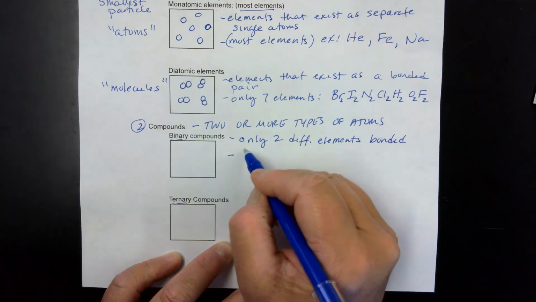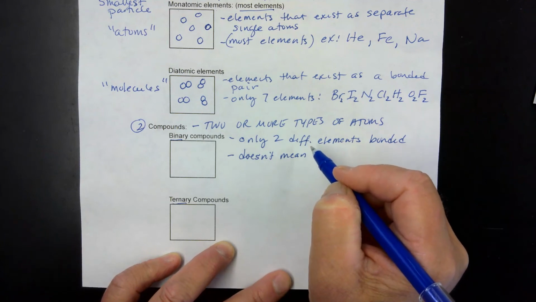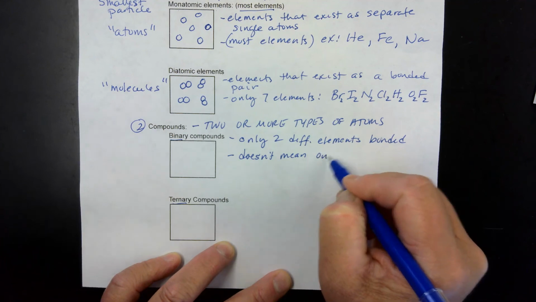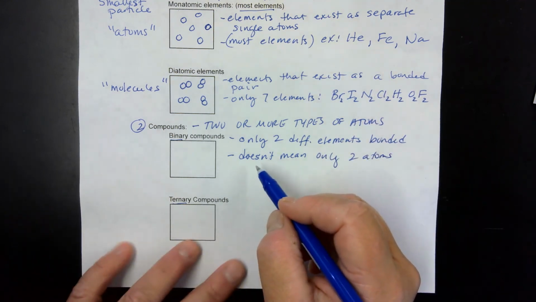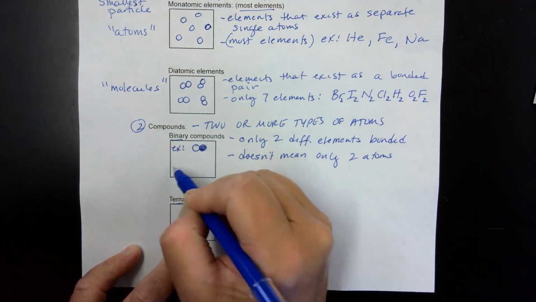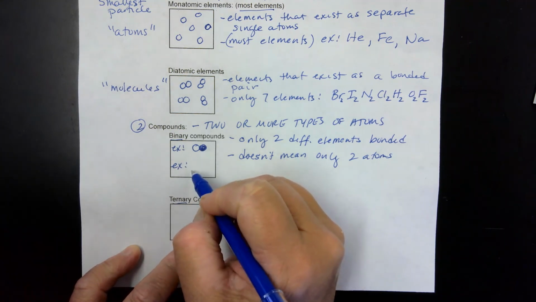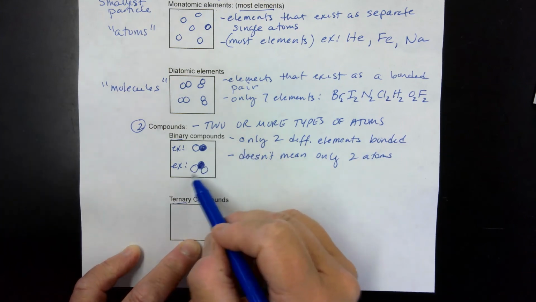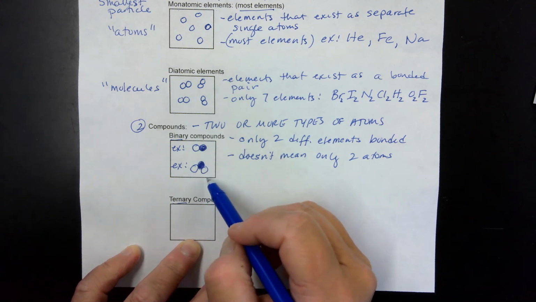And it doesn't mean that there's only 2 atoms. Okay, so for example, one example is we could have something that looks like this, right? 2 different atoms stuck together. But another example is something that looks like this. Okay, 2 different types of atoms. It can be 2 total atoms, but it doesn't have to be.